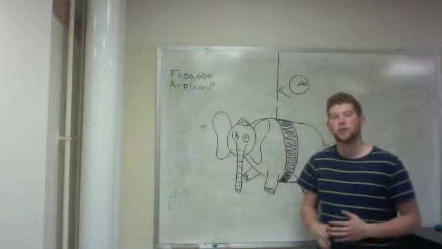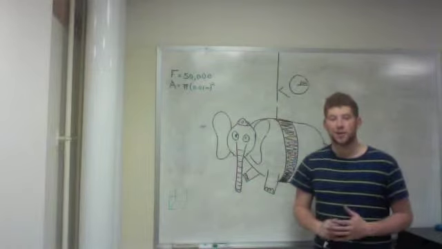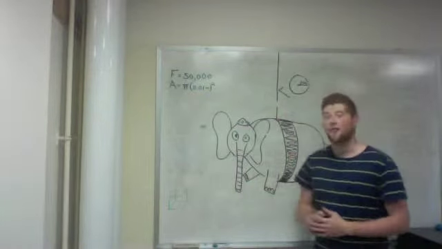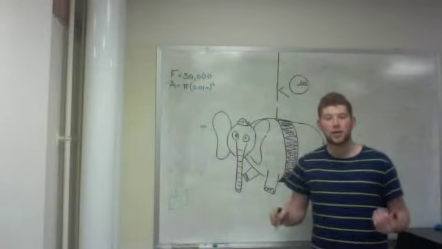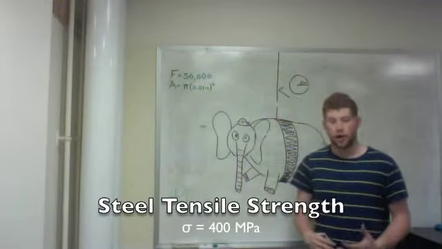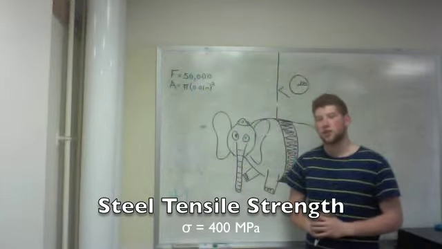Now, before we figure out how much stress this cable is under, let's figure out when it bends and when it breaks. This kind of steel has a strength of 400 megapascals. This means that at 400 megapascals of stress, the steel cable will break. That is its tensile strength. Let's find out if the stress this cable is under right now is enough to snap it.